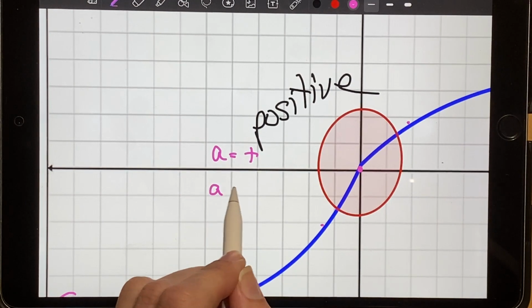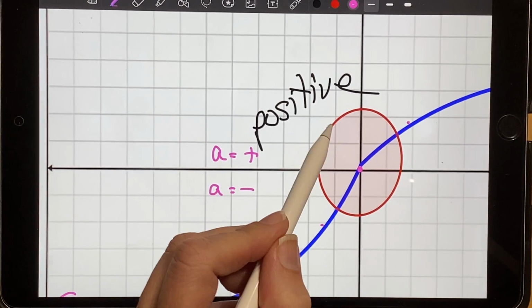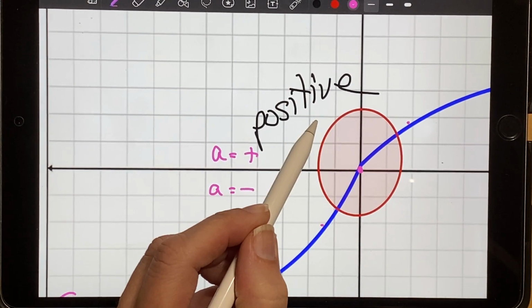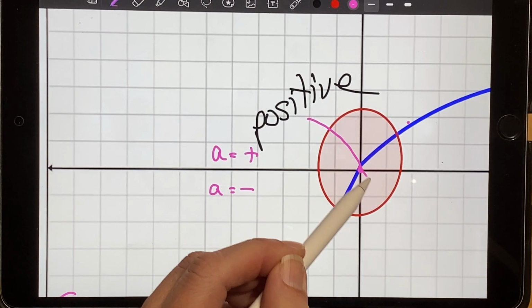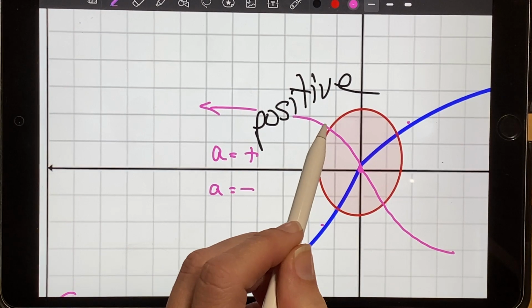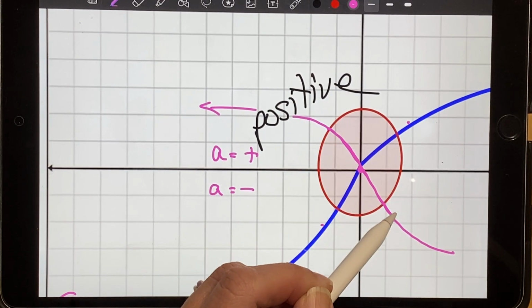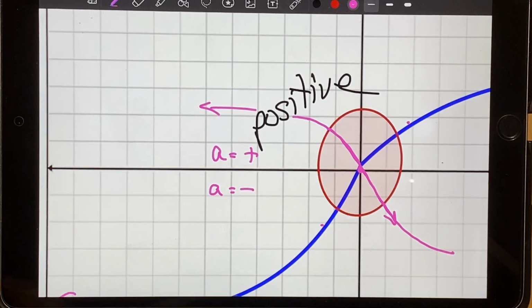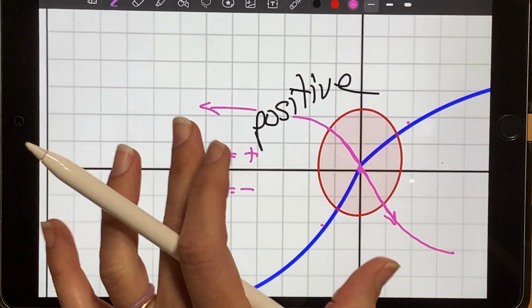If our A value was negative, that means from our point of reflection to our curvature here, this section would be a negative slope, going down in a negative slope.